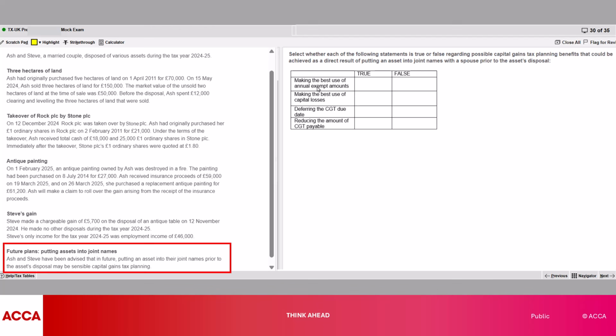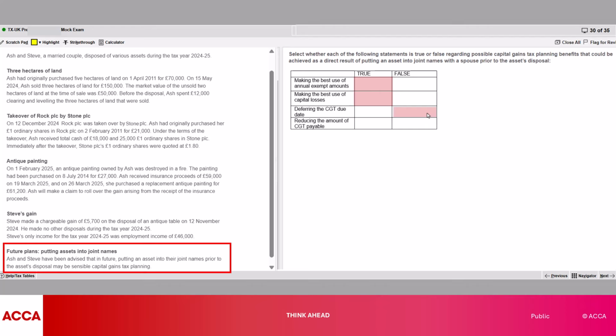Now this is something that we can use to make the best use of annual exempt amounts. We can make sure that both spouses use up their annual exemption by transferring an asset to the other before selling it. Same with capital losses. If one spouse has capital losses, then we transfer the asset to that spouse before it's sold. But transferring before the asset's disposal is not going to change the capital gains tax due date.